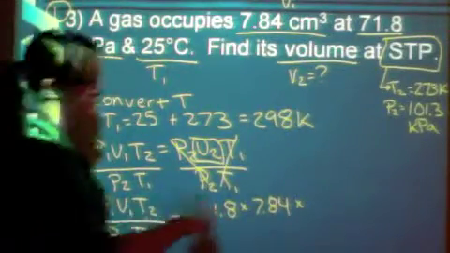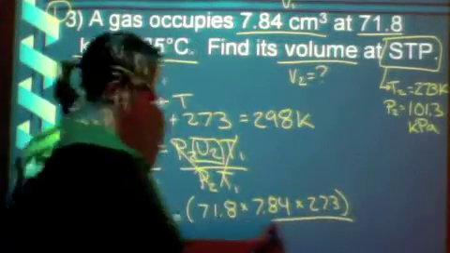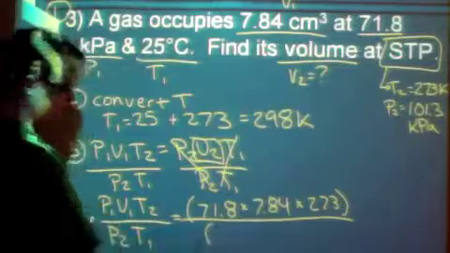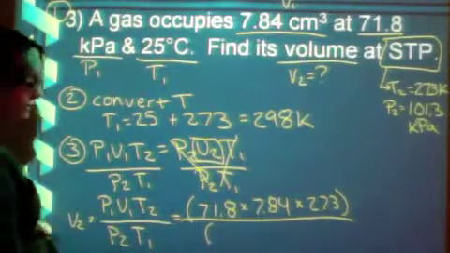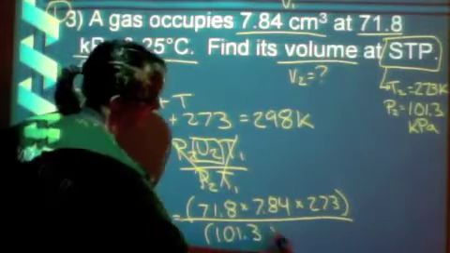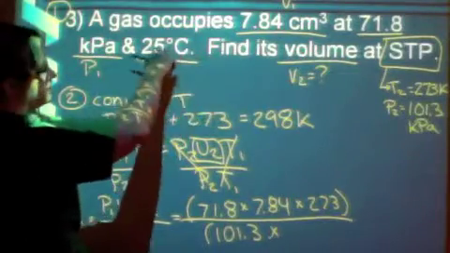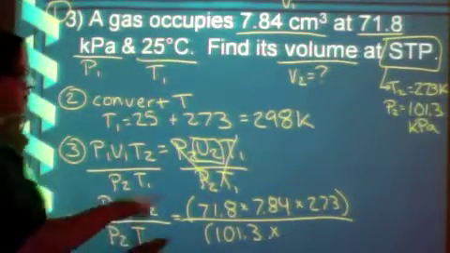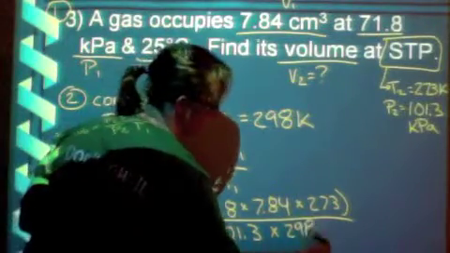So your second temperature is 273. Close parentheses, divide, open parentheses, P2 is 101.3 times T1, which remember, you can go back to this number, but you're going to get it wrong. You need to use the K value that you discovered, which is 298.